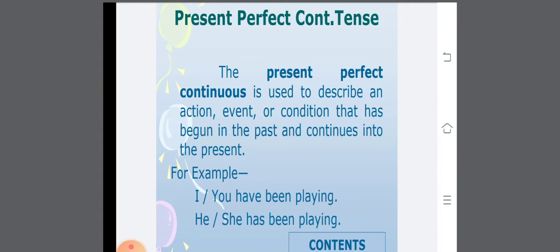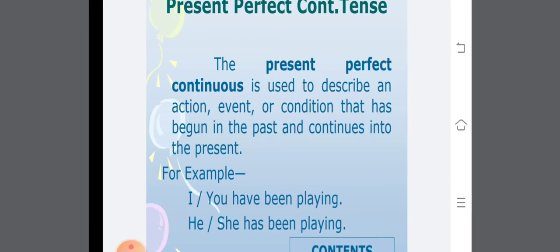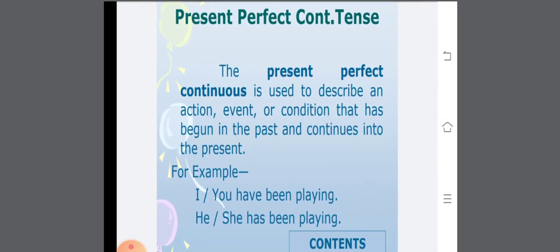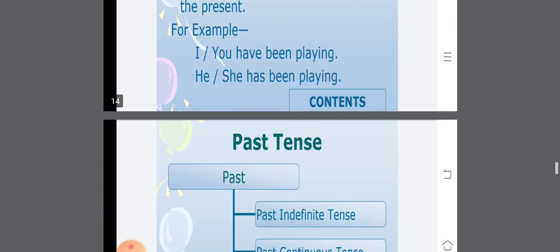The present perfect continuous is used to describe an action, event or condition that has begun in the past and continues into the present. For example, I, you have been playing, he, she has been playing. So this is present perfect.